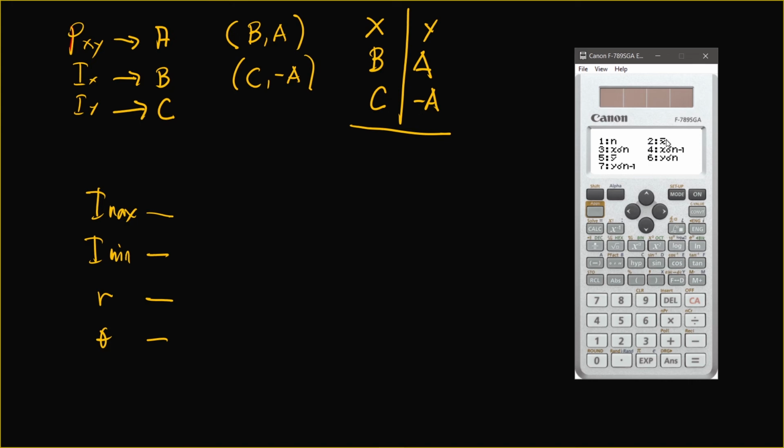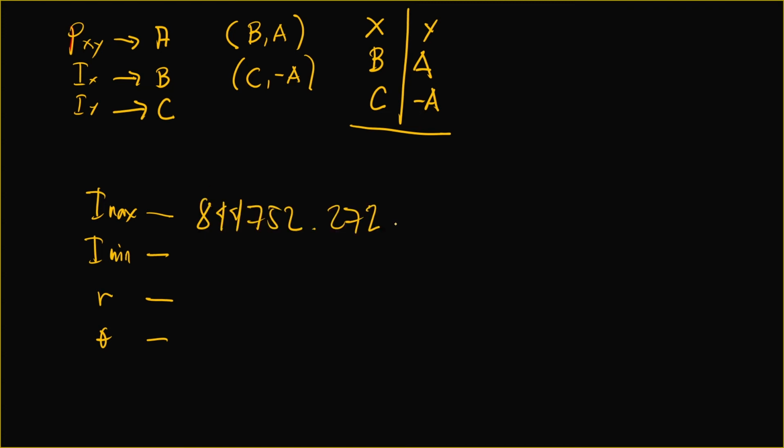For I max, we use X, number 2 plus X. The radius is X, take note. 844,752, this is in centimeters raised to 4.